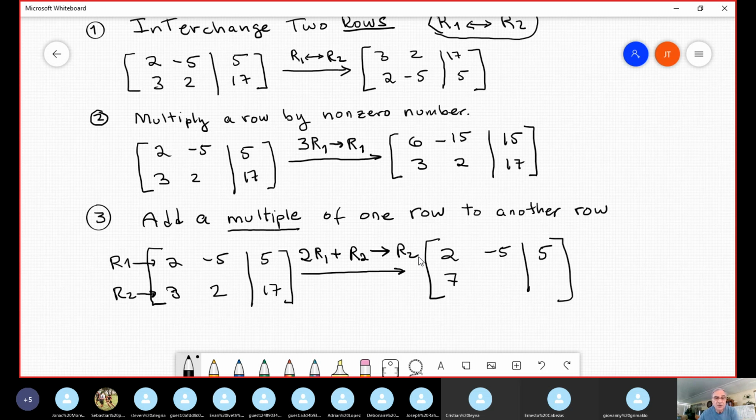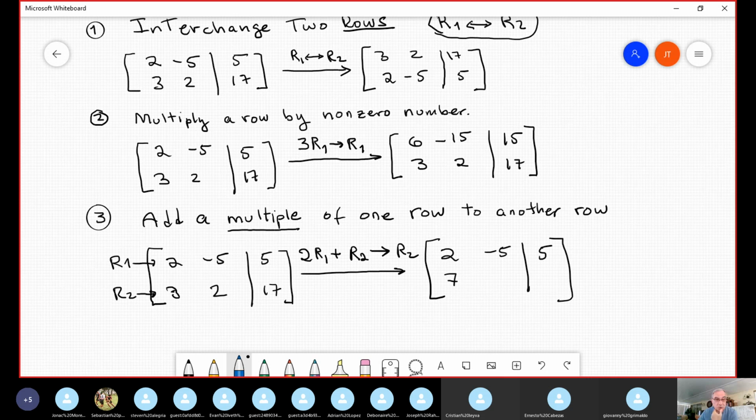Repetition: the first number in row 1 is 2. The factor is 2. Let me use another color. 2 times 2 is 4. 4 plus 3 is 7. I put a 7 here. The second is 2 times 5 is negative 10.